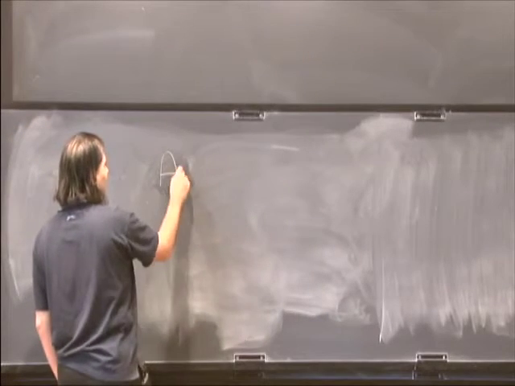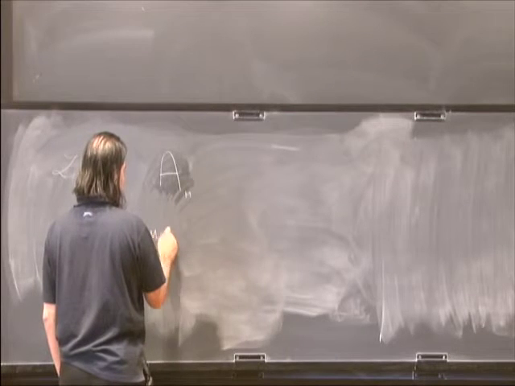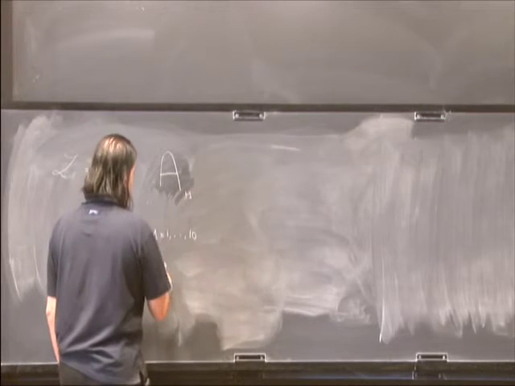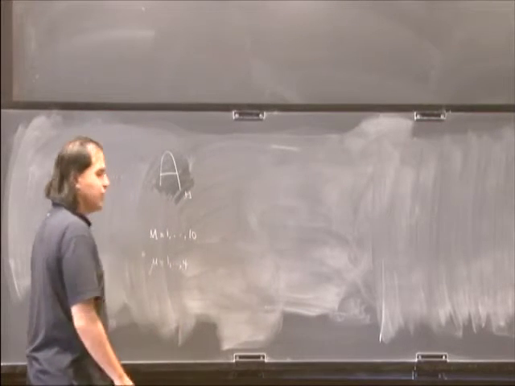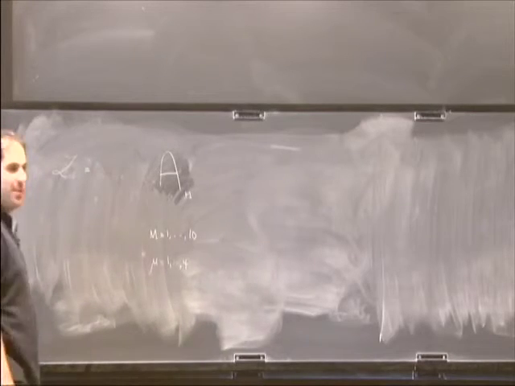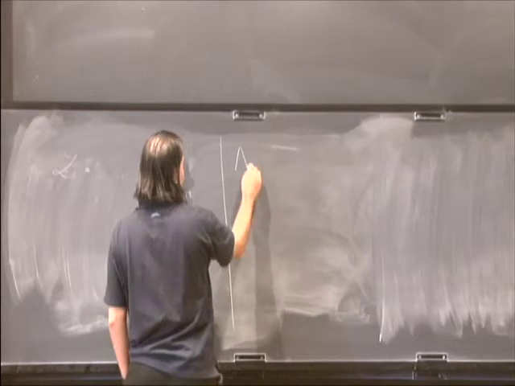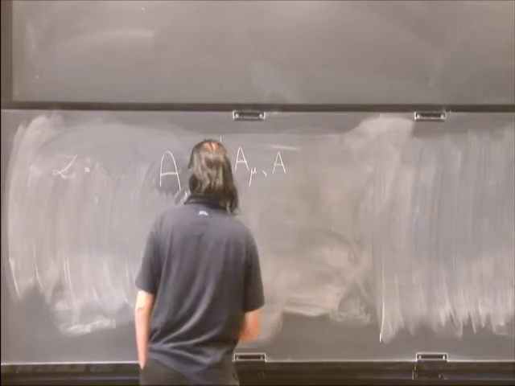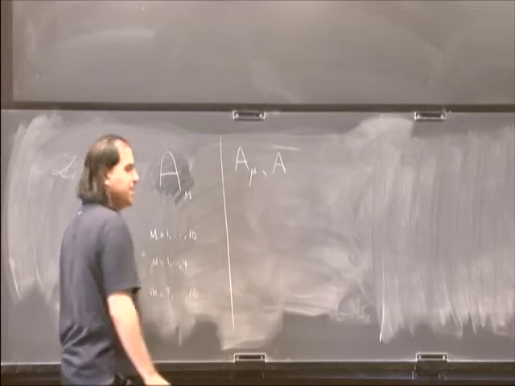If I take the gauge field with an index that runs from 1 to 10, and let mu be the index that runs from 1 to 4, our ordinary 4 dimensions, then the bosons of the theory are A_mu and A_m, where m runs from 5 up to 10. These are 6 indices.